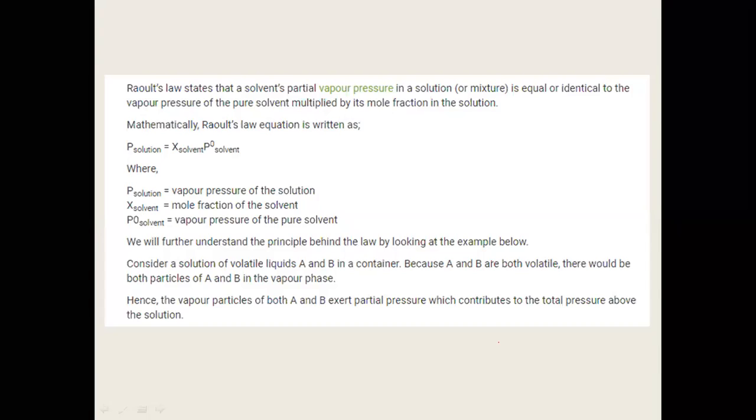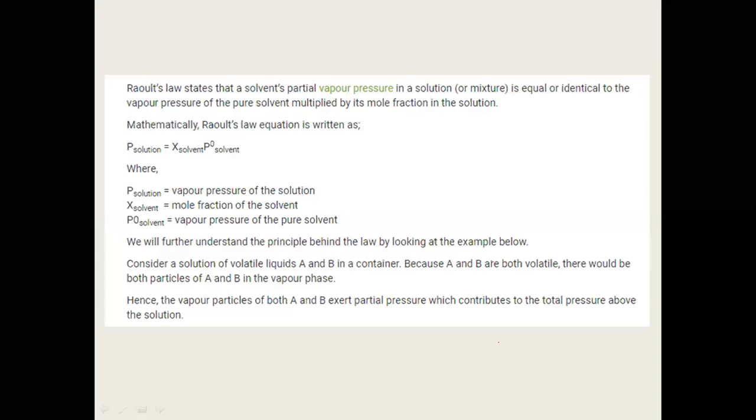So the partial vapor pressure of the solution is equal to the mole fraction of the component into the pure vapor pressure of that component. P is the vapor pressure of solution. X is the mole fraction of the solvent or solute. If you are taking two liquids, the one in lower concentration becomes the solute.